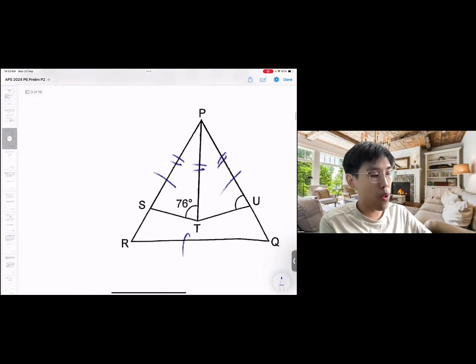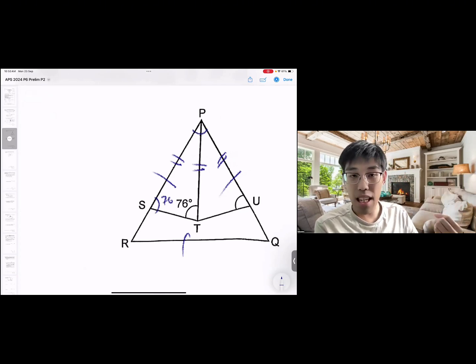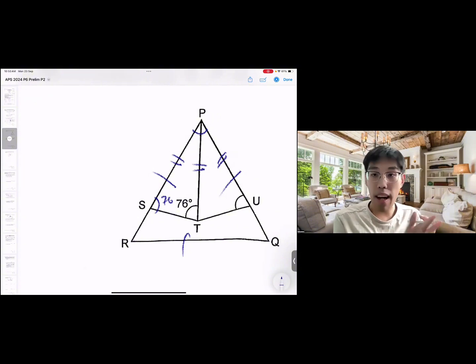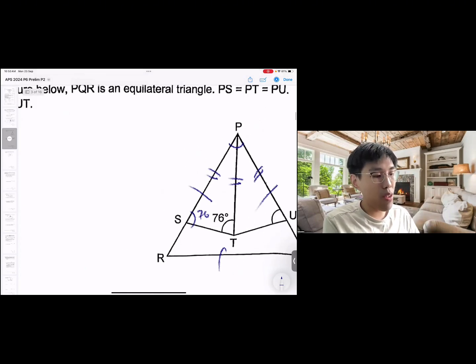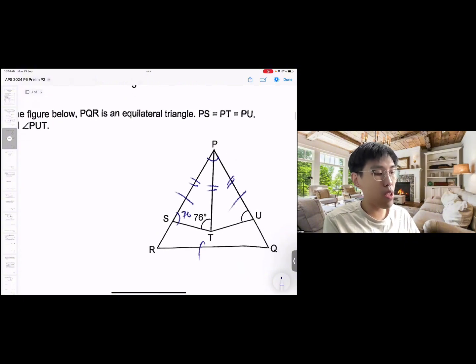From here, we can already observe that this is also 76. This whole thing, SPU, is 60, but this 60 is not divided equally into SPT and TPU. It's not. Most people think it is. So we need to manually go and find what is PUT.